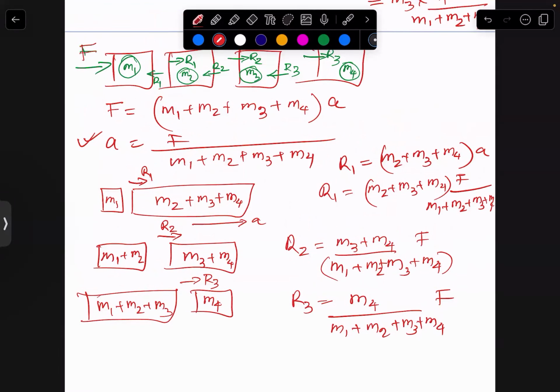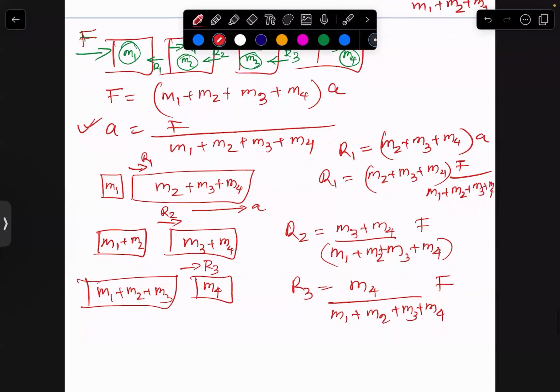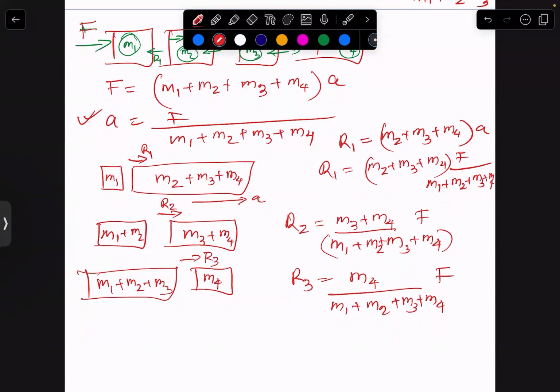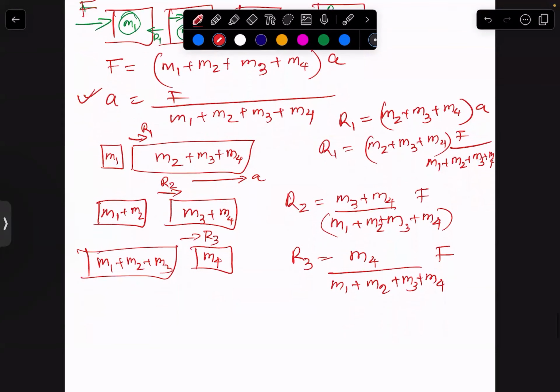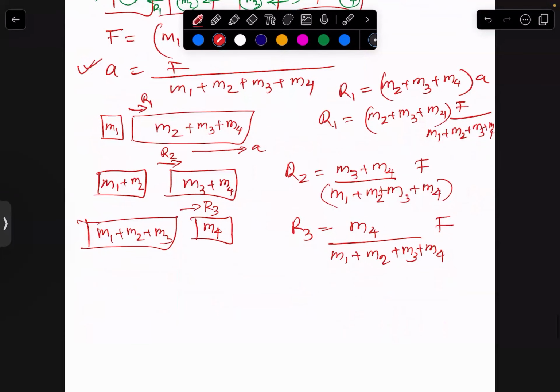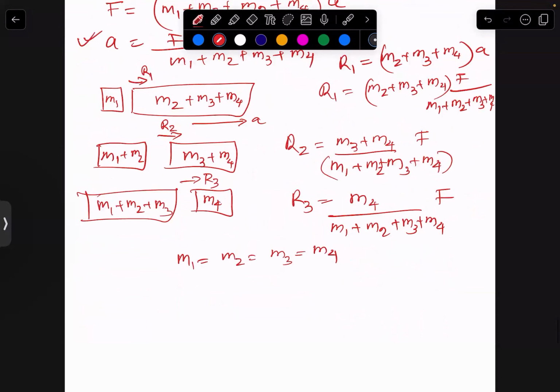Okay. So you can see the reaction forces, if you can compare, for example, if you take M1 equal to M2 equal to M3 equal to M4, what is going to happen? So A becomes F by 4M, and R1 becomes 3M times F by 4M.